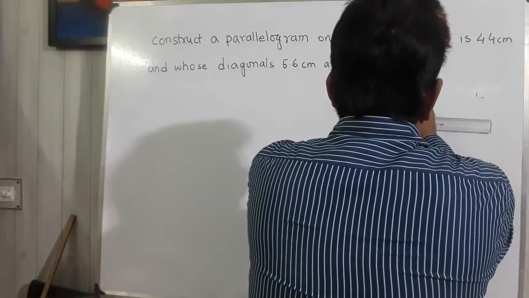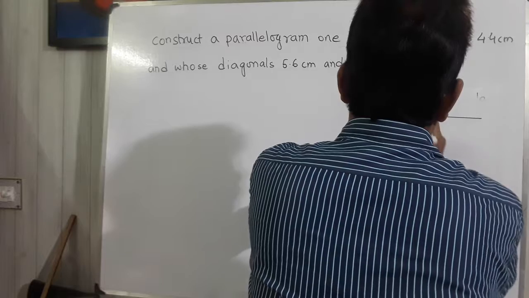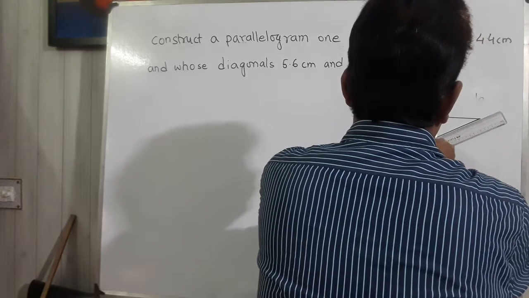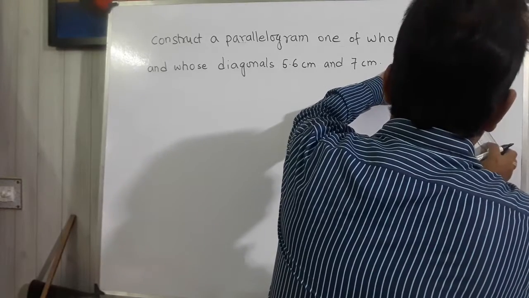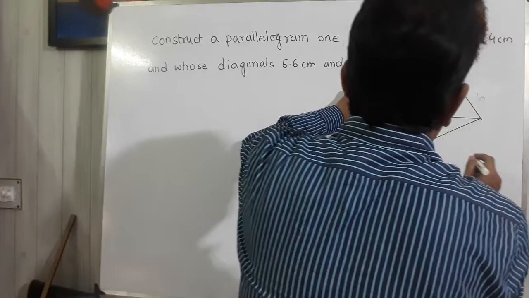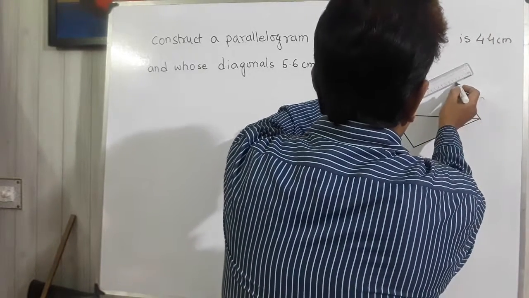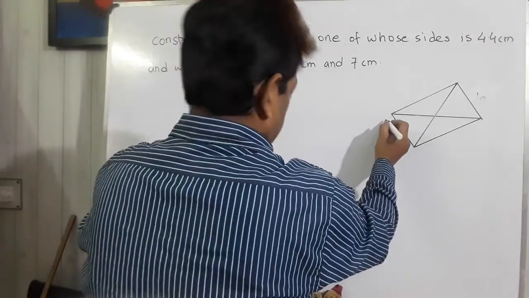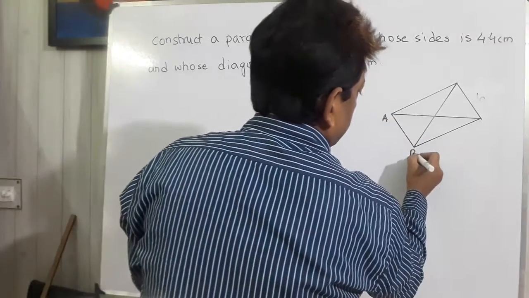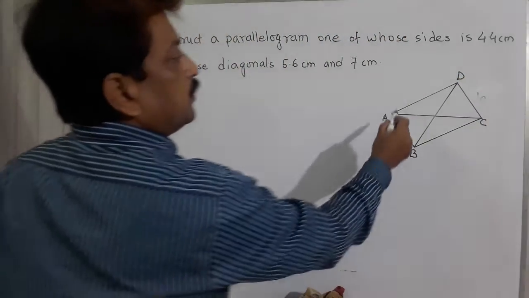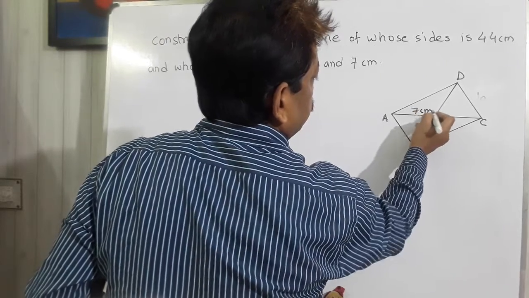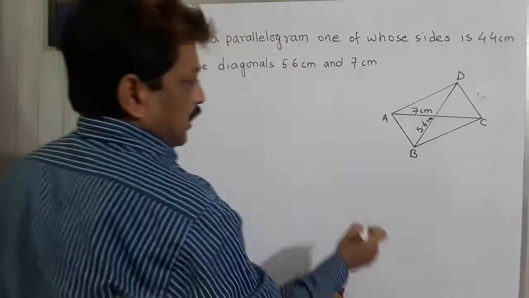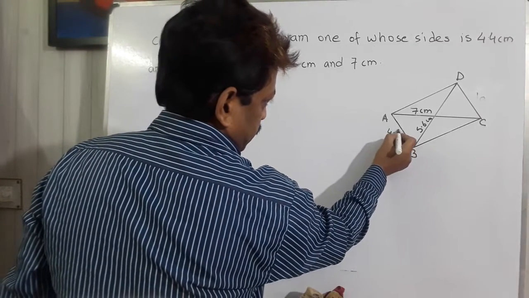I am drawing the diagonal horizontal. Let ABCD be the parallelogram in which diagonal AC is, suppose, 7 centimeter and diagonal BD is 5.6 centimeter, and let one of the sides, that is AB, be 4.4 centimeter.